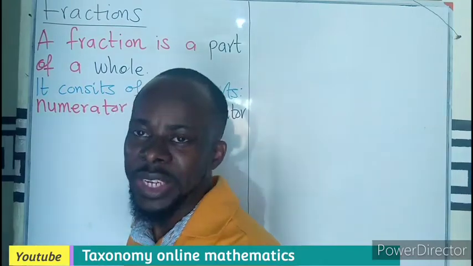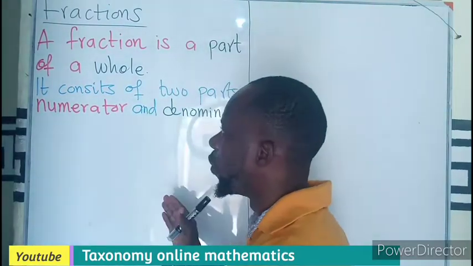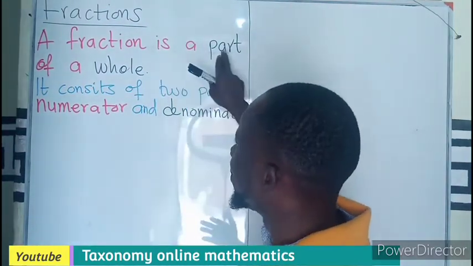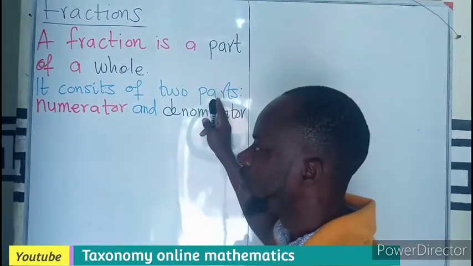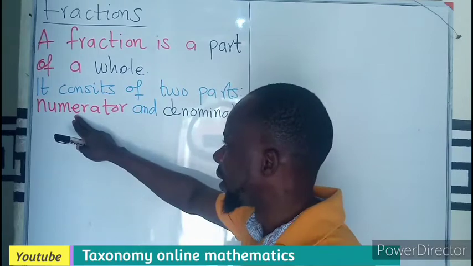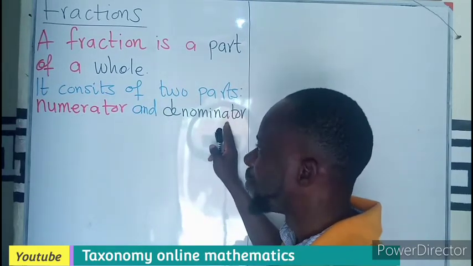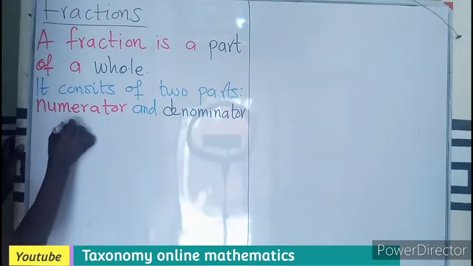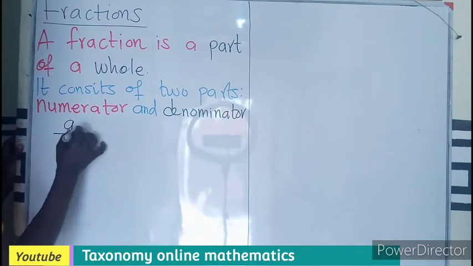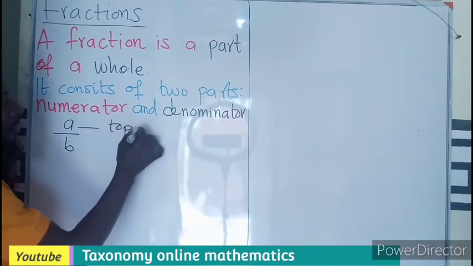So, a fraction is just part of a whole, and it consists of two parts. The first part is what? The numerator, and the second part is what? Denominator. So a fraction is indicated in this form, where this is our top.